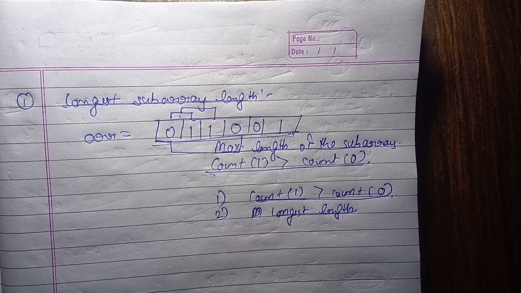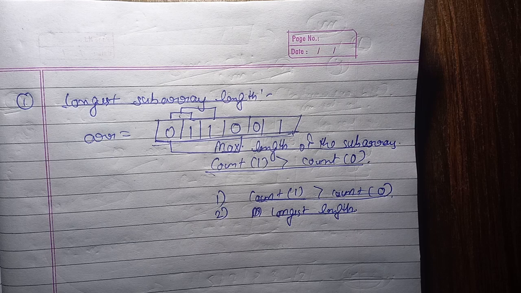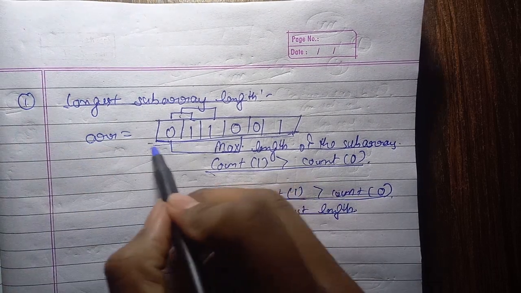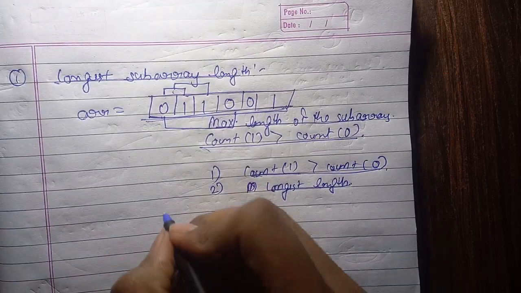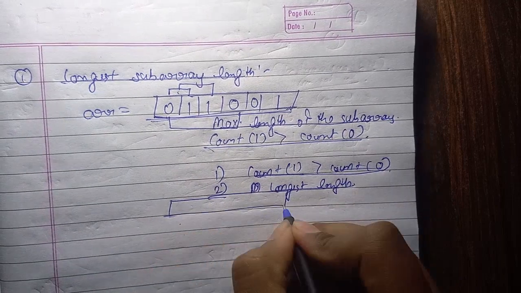What can we do in this question? There is no direct approach for this question. But I will convert this problem into a very standard problem that you have already solved.